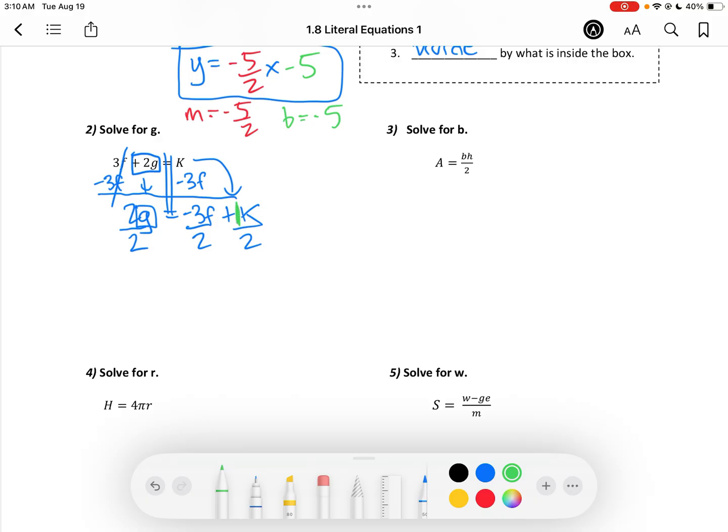So when it comes time to divide everything, you divide negative 3 halves for f and 1 half for k. I would just keep it simple and leave it as a fraction. I would not try to change it to decimals. You could if you want to, but I wouldn't recommend it. And this is the end result.